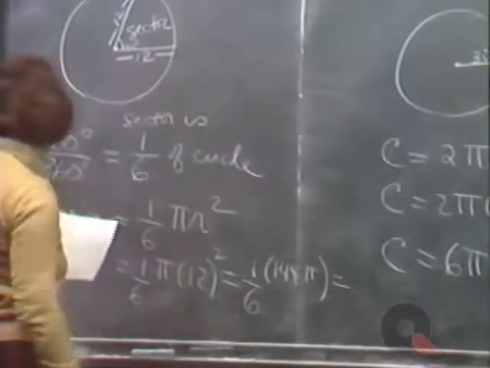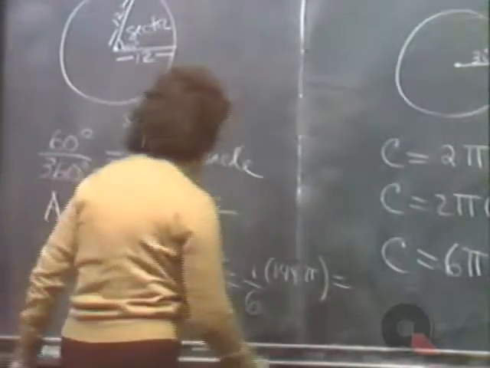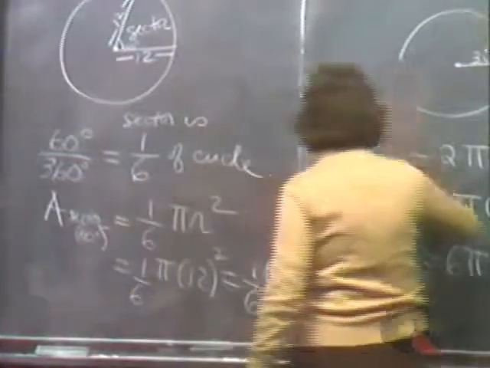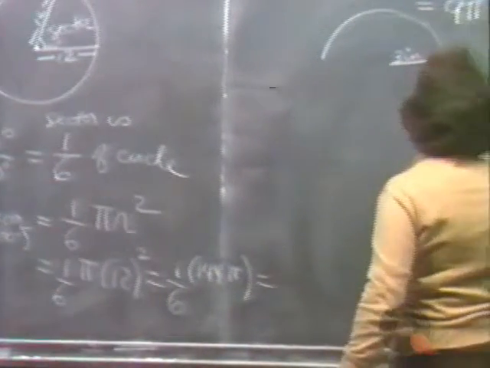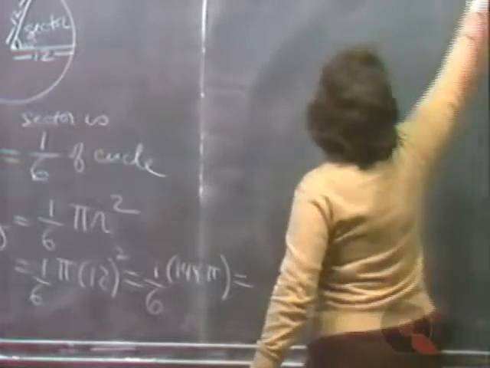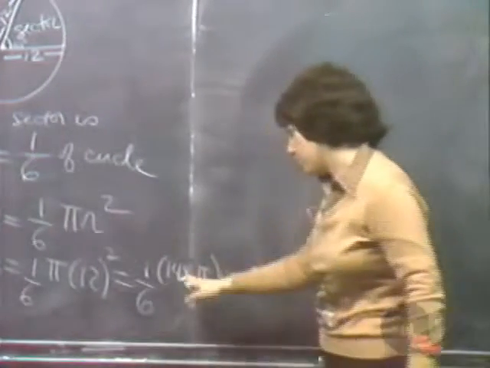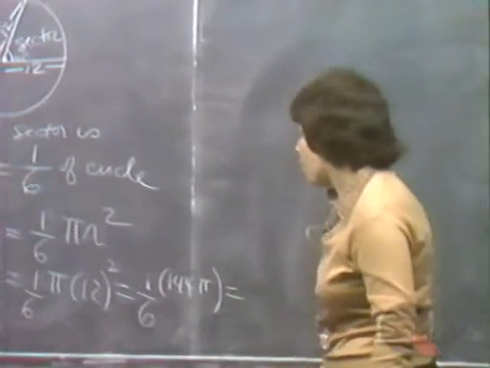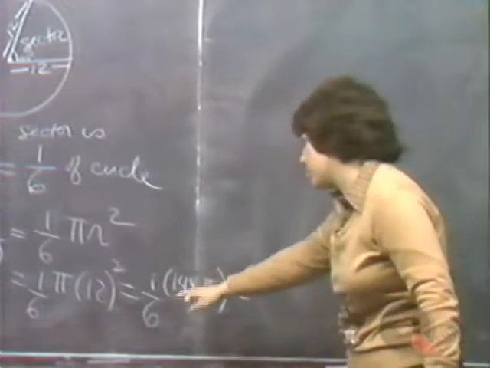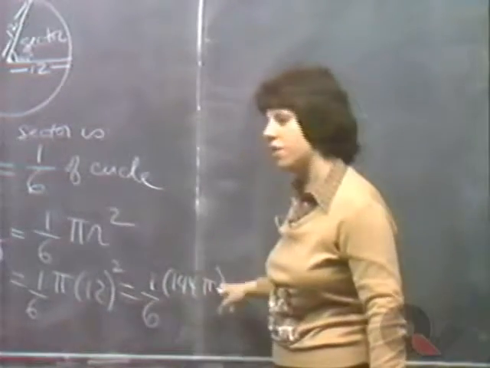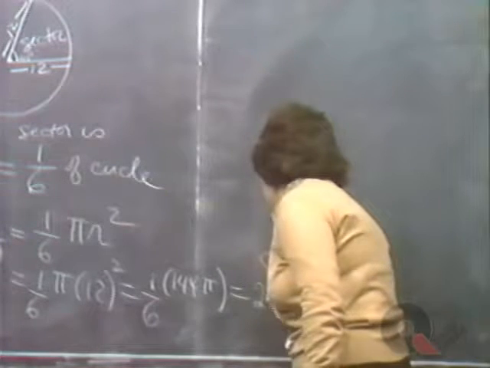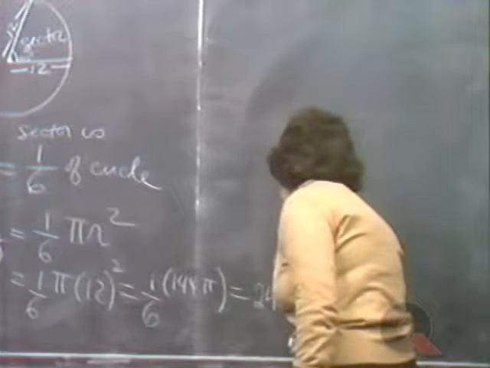And 6 into 144 goes 24 times, so you get 24 pi square units for the area of the sector. The entire circle would have area 144 pi square units, but the sector, which is 1/6 of the entire circle, has area 24 pi square units.